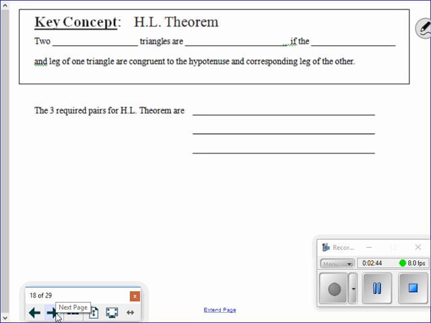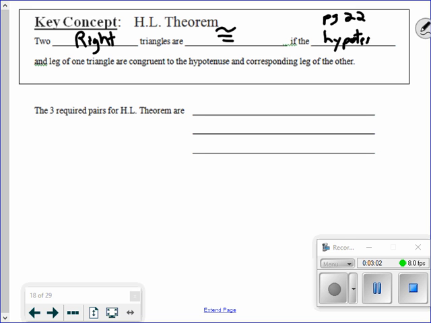Okay, so now I am on page 22. And they have to be right triangles. And they are congruent if the hypotenuse and the leg are congruent to the hypotenuse and the corresponding leg of the other triangle.